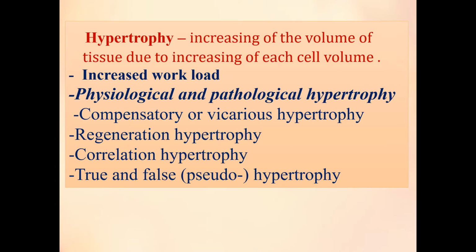In the previous slide, we talked about the physiological type of hypertrophy, the work hypertrophy, and here about some pathological forms of hypertrophy. Sometimes the functional deficiency of some organ, for example the heart, is compensated by hypertrophy.